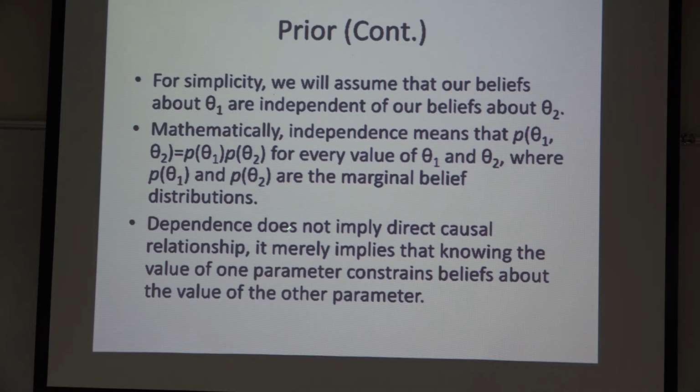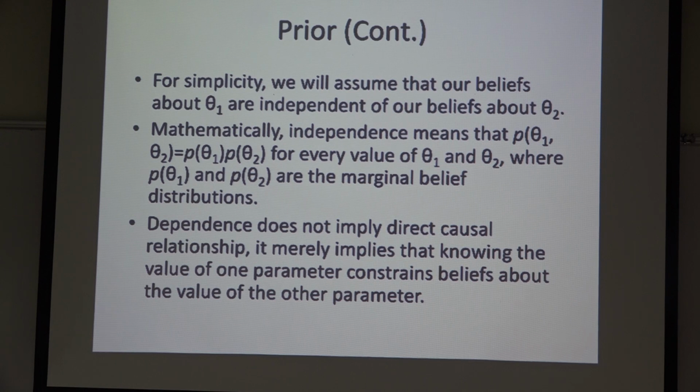So dependence does not imply a direct causal relationship. What is a causal relationship? A causal relationship is like A causes B. But causal relationship has a different mathematical definition, which is different from the Bayesian definition here.